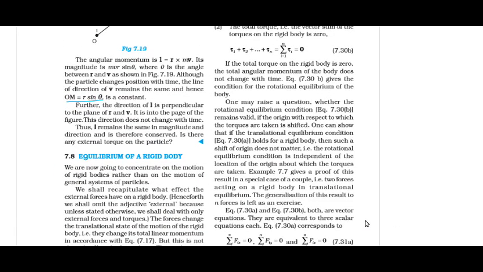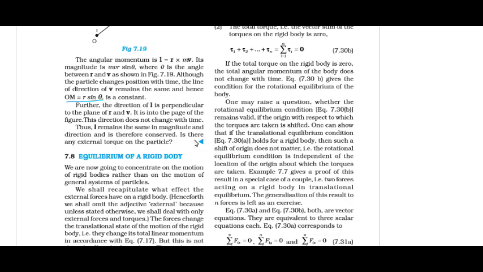Further, the direction of L is perpendicular to the plane of r and v. It is into the page of the figure. So this direction does not change with time. Thus L remains the same in magnitude, and the direction is therefore conserved.